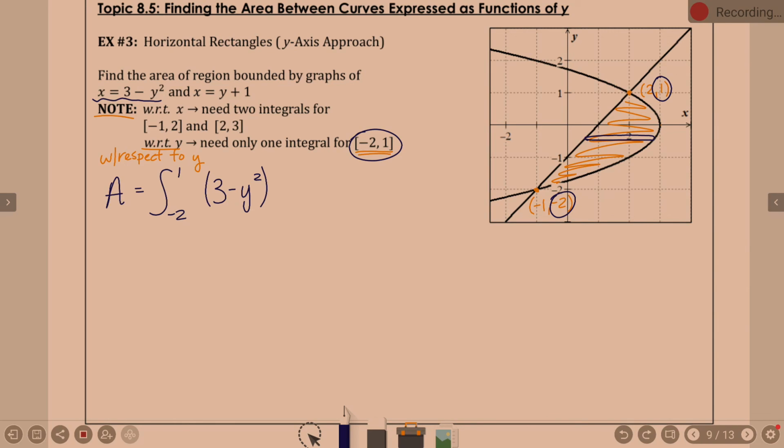Minus, that's my right curve, minus my left curve. What's my left curve? y plus 1. Okay? And we can just put all as one integral, that's fine. But that's where we will have to start out tomorrow. Okay?